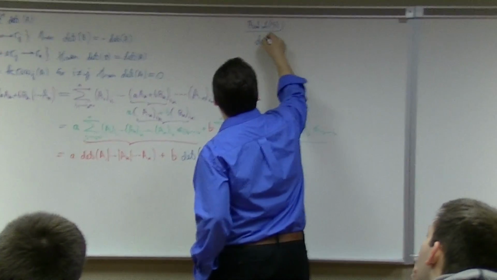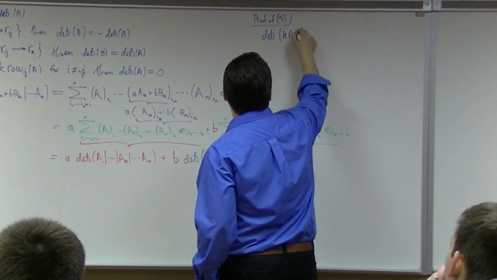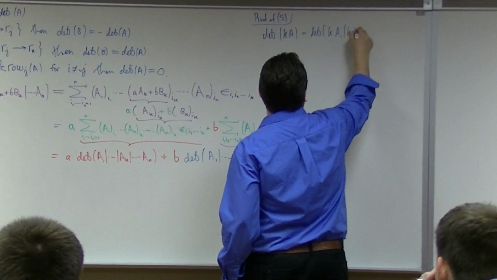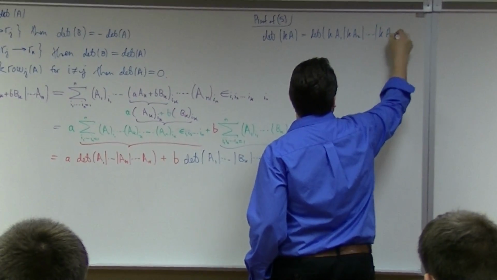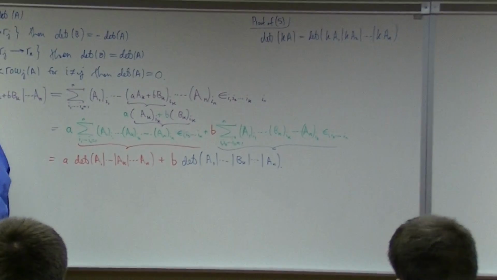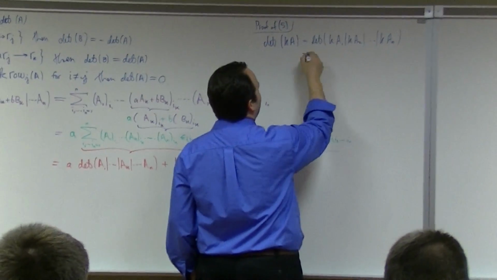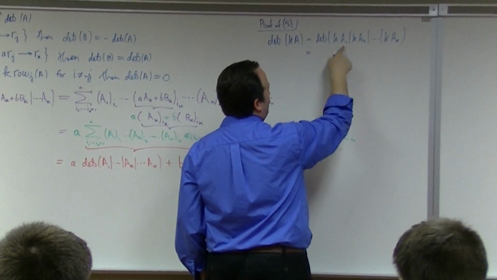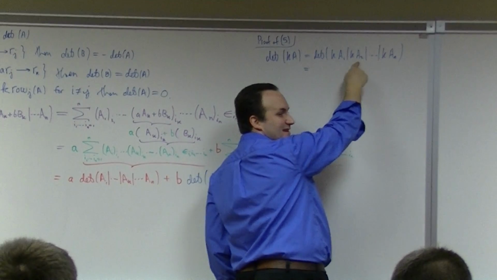So suppose you're looking at the determinant of k times A. That's k times a1, k times a2, k times an, right? You see what I'm saying? Because a1 through an are the columns of A. You use linearity in each column: homogeneity in the first column, homogeneity in the second.